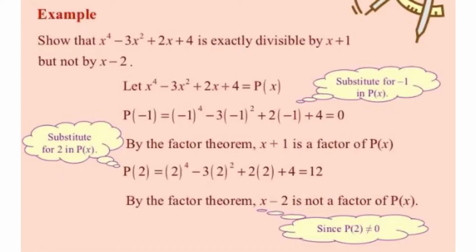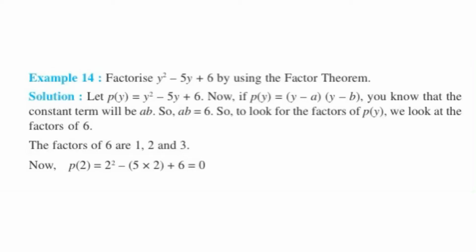Students, I hope now you have understood what is factor theorem. Let us see example 14 of your textbook. Factorize y square minus 5y plus 6 by using factor theorem. So here you can see that constant term is 6 and the factors of 6 are 1, 2 and 3. So first of all we will find p of 2, which is equal to 2 square minus 5 into 2 plus 6, which is equal to 0.